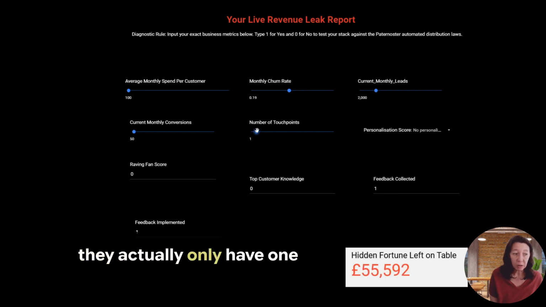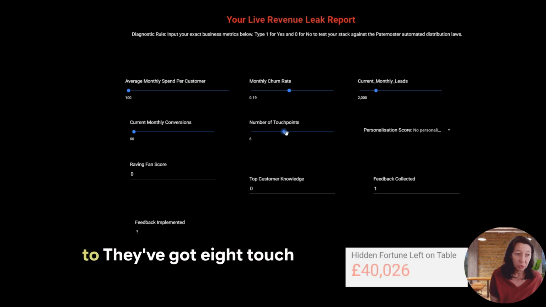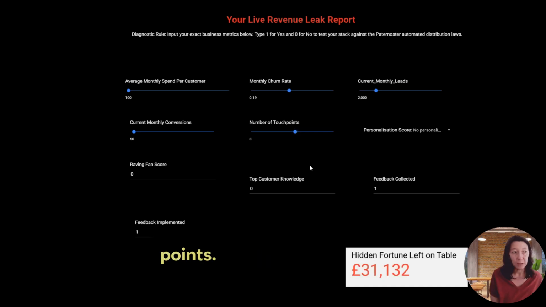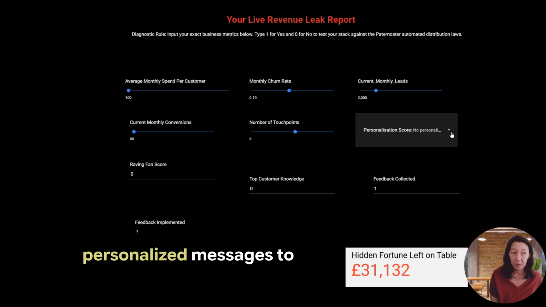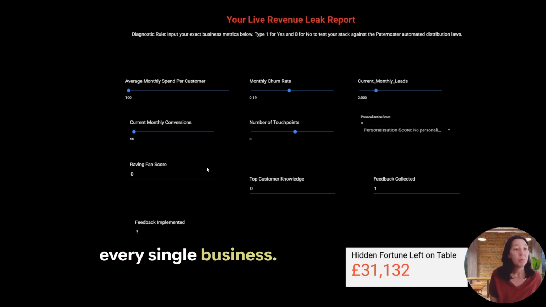They actually only have one touch point. Let's change the touch points to 8, but they don't personalize the messages. So they send out the same messages to every single business.